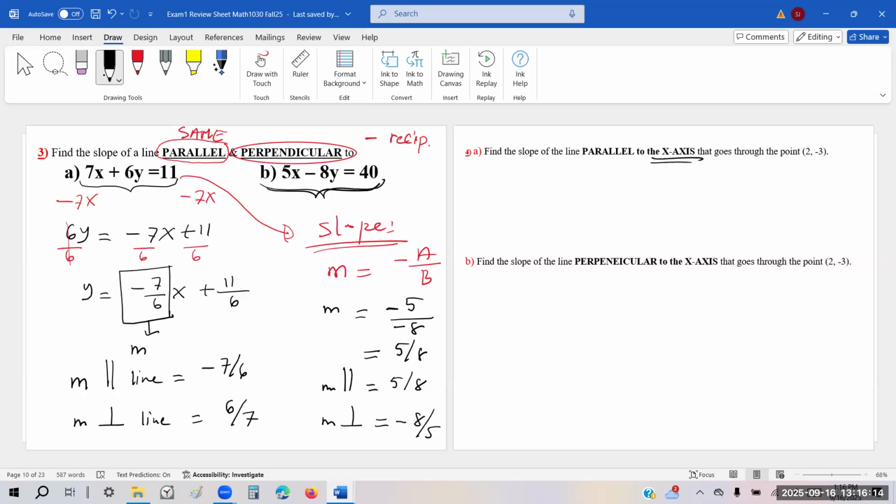Now the next two look small. I have small font, but let me read it out for you. Find the slope of the line parallel to the x-axis, and it goes through the point 2, negative 3. So x-axis, how do you draw your x-axis? Horizontal. What type of line will be parallel to the x-axis?